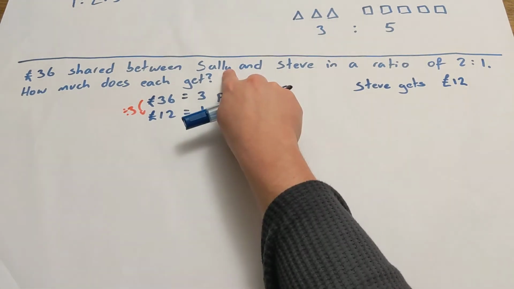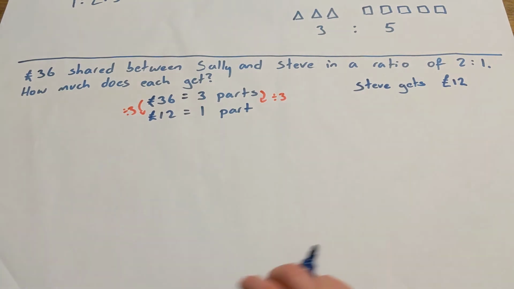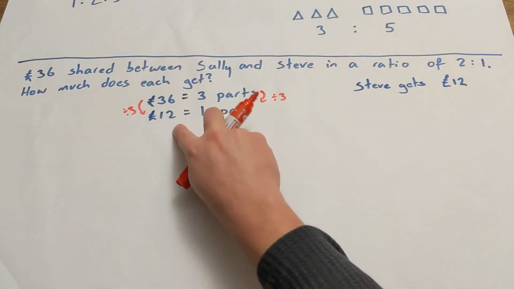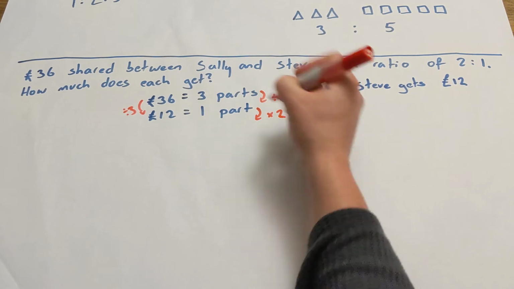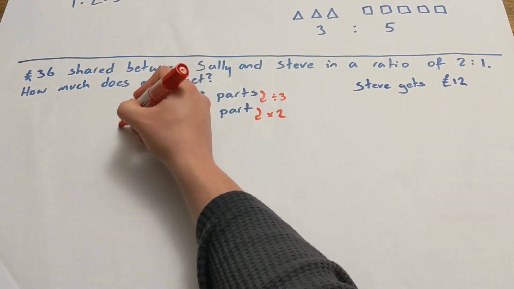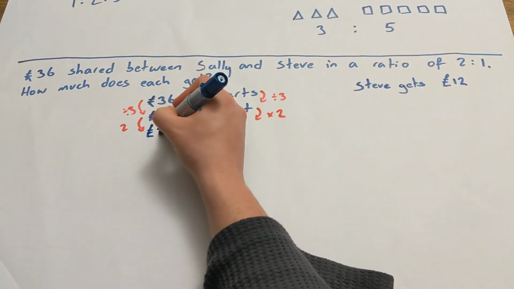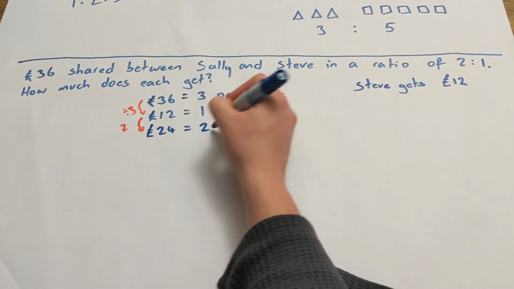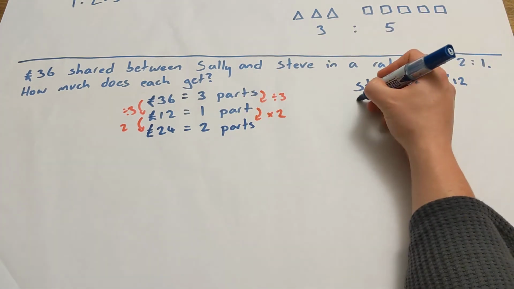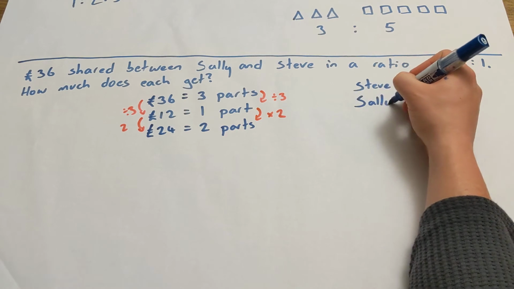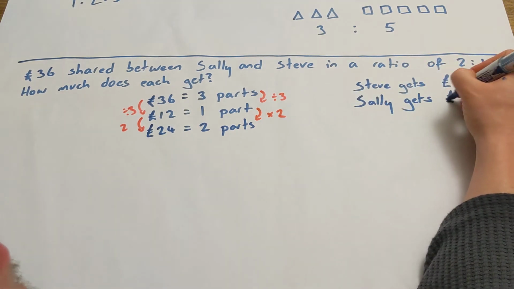Sally, however, was getting 2 parts. So let's work out what 2 parts is. If I know 1 part is this, the way to get 2 parts will be to times that by 2. So that is £24 equals 2 parts. So then Sally gets £24.